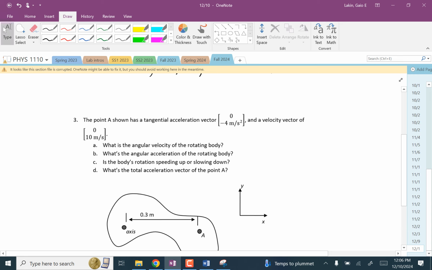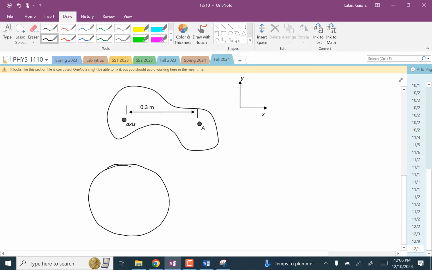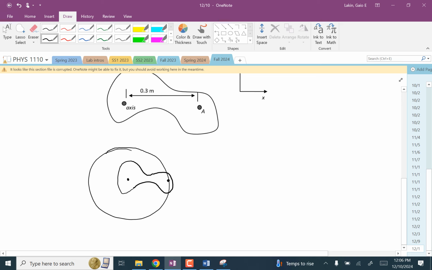The hinge is over. So the hinge is where it says axis. And so at this point, the body is kind of like this. Okay. And the point that we're looking at is A. Okay. And we're given the distance, the radius of this circle is 0.3.